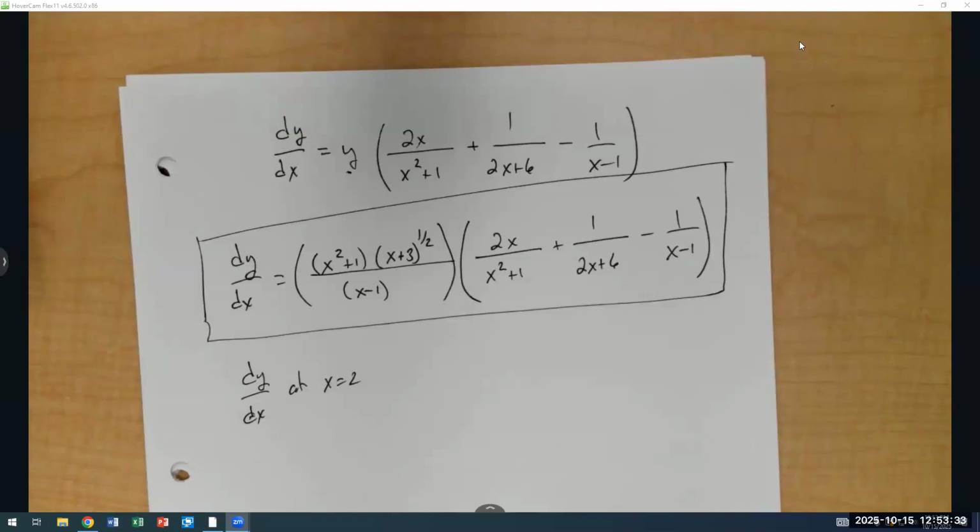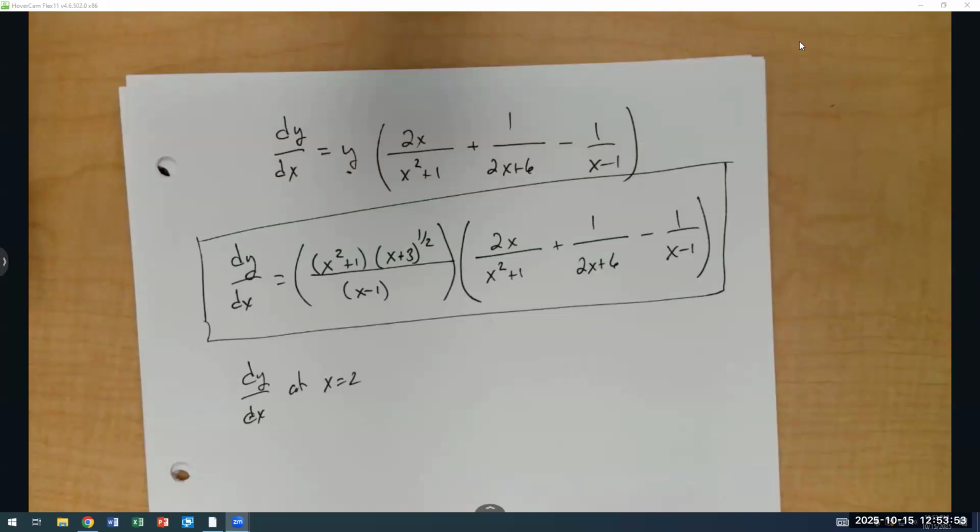Look for the next. Is it possible to find a higher order derivative for this? Yes. But see, that's not what this was looking for.